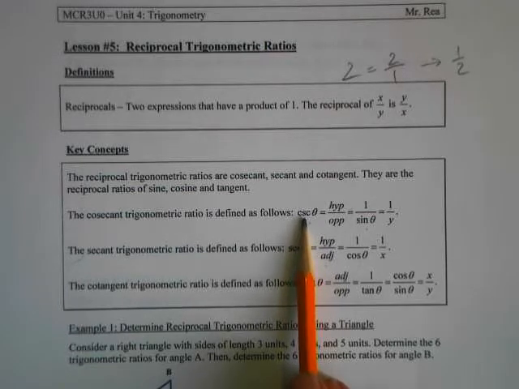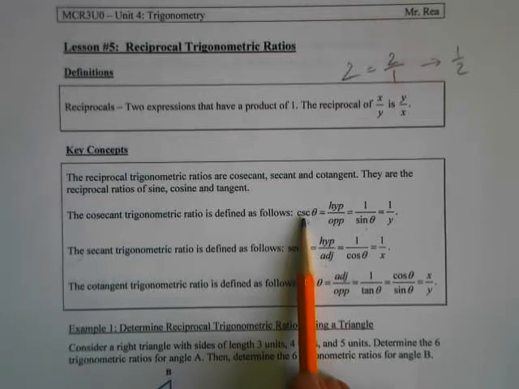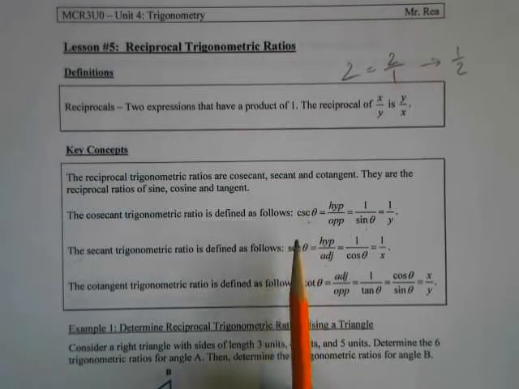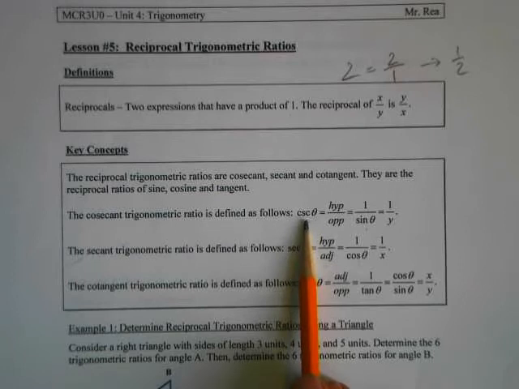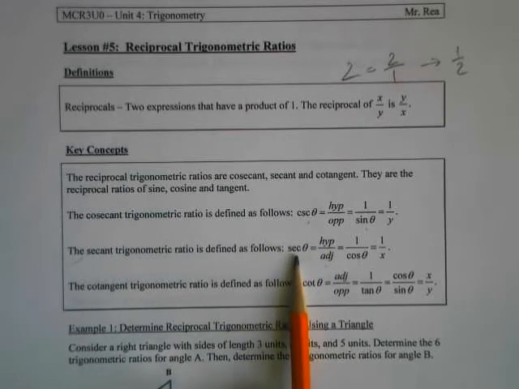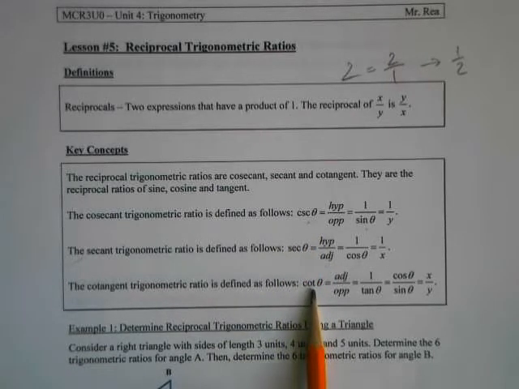We can't use the first 3 letters of cosecant because it would be the same as cos. So we do the first 3 consonants instead. CSC is cosecant, SEC for secant, COT for cotangent.